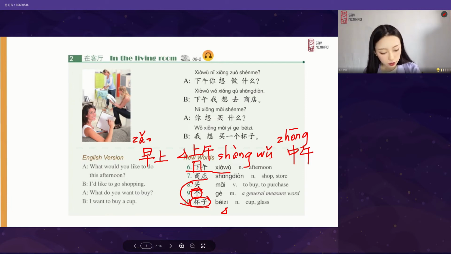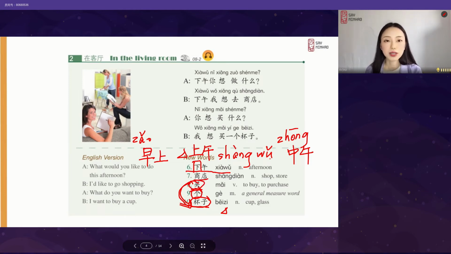Okay. Now this is the new words, and try to say: what do you buy? This is a question. What do you buy? Try to say it. It is 你买什么？你买什么？ Yes, by using this 买 we just learned.